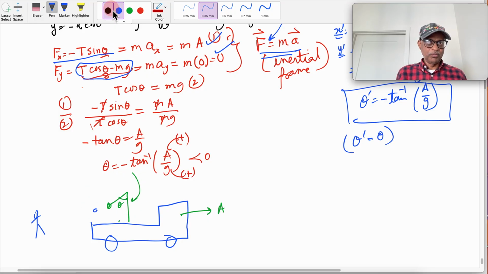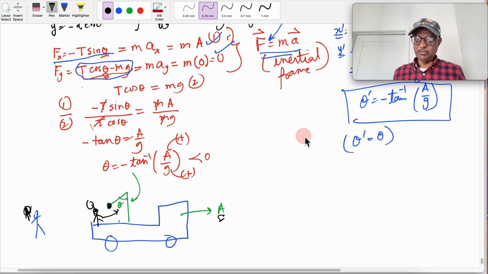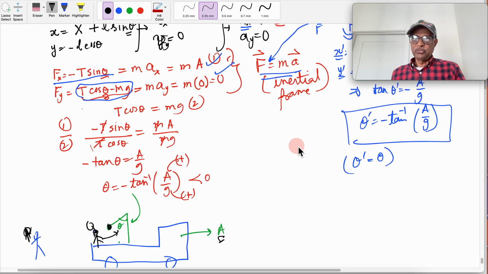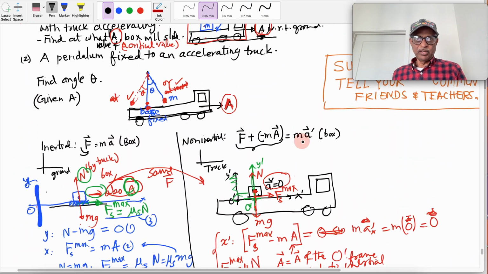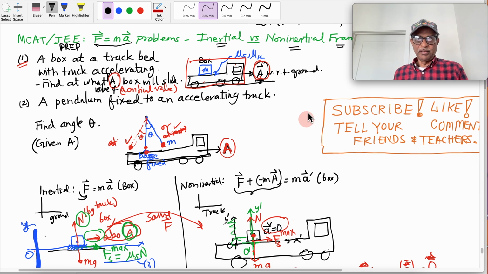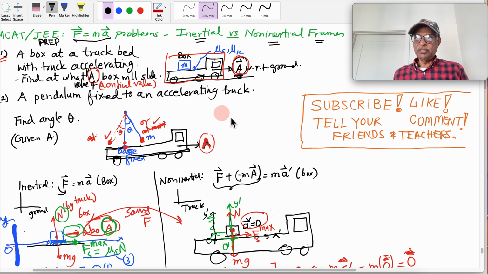And if you observe from here, person P and person Q, both of them see the same. They see the pendulum at the same distance, same angle, while the truck is accelerating at A. It's a consistent observation, right? So I think this is all I'm going to do as far as inertial versus non-inertial frame problems are concerned.